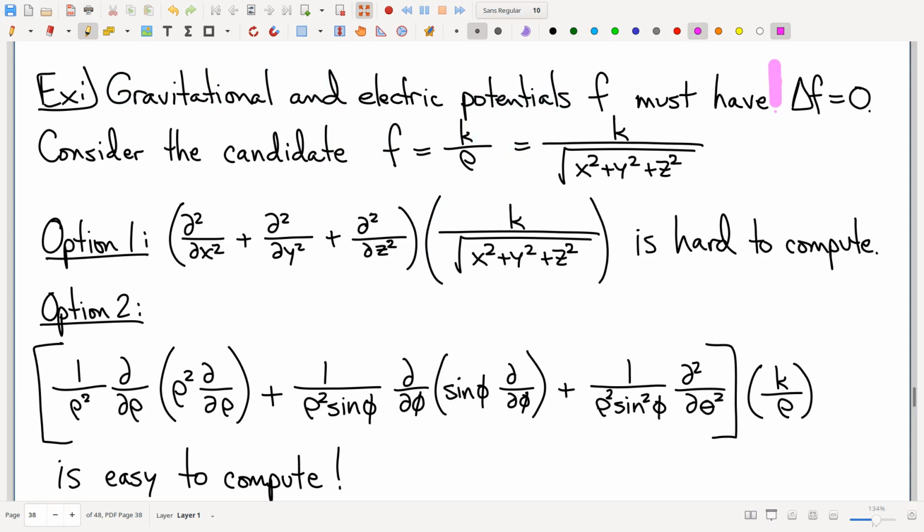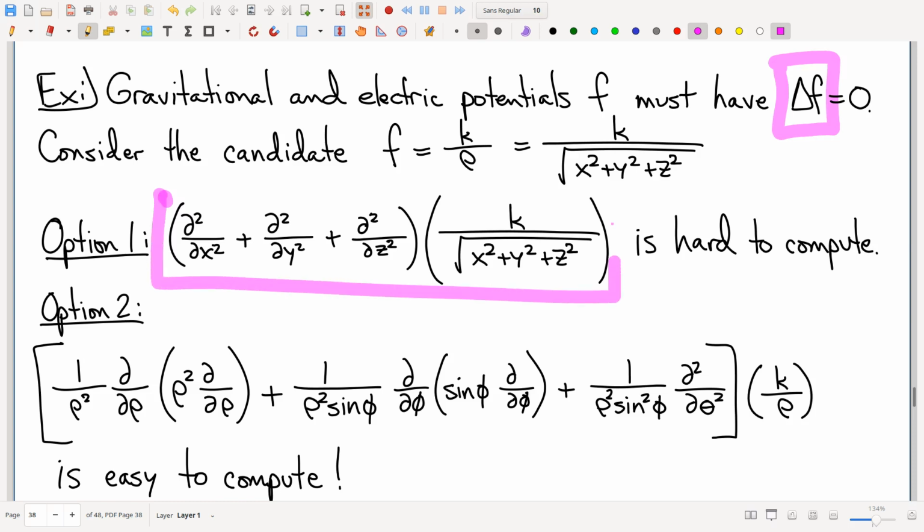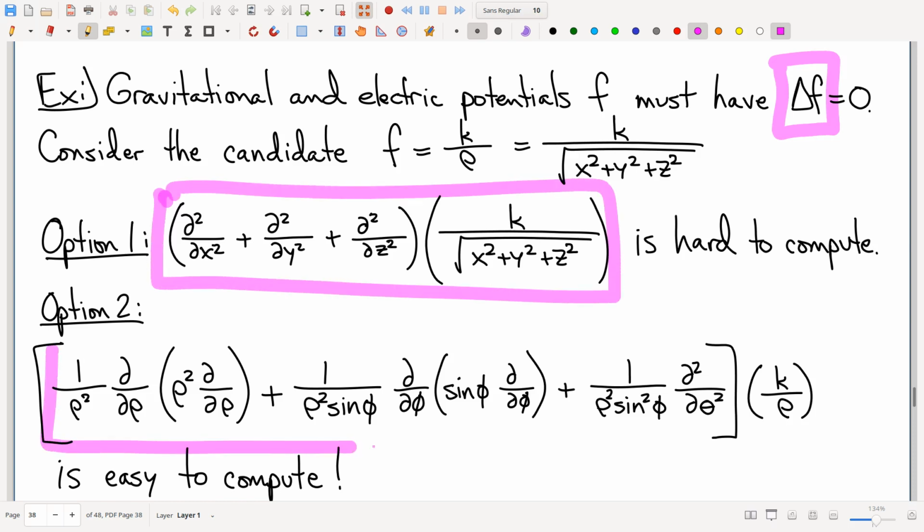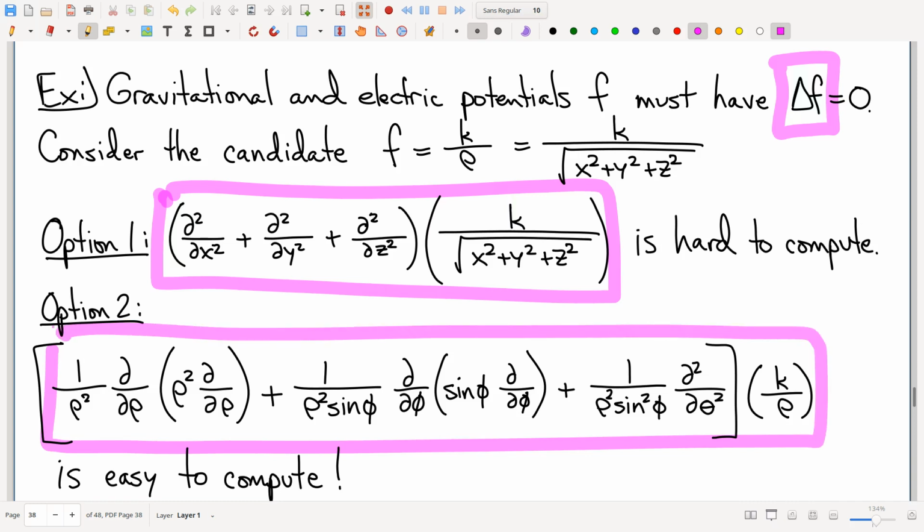This equation now I can rewrite as the left side that I need to compute and for which I hope I will get 0. I can rewrite it like this, or I can rewrite it like this. Notice all I've done here is notice that my function f, I can write in rectangular coordinates or I can write in spherical coordinates.